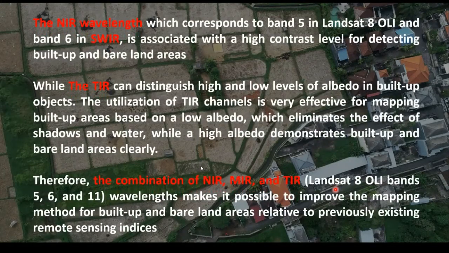The near infrared wavelength, which corresponds to band 5 as I mentioned before, and band 6, the short wave infrared, is associated with a high contrast level for detecting the built-up and barren area. So band 5 and band 6 are really good to detect the built-up and barren land areas, while the thermal infrared or band 11 can distinguish high and low levels of albedo in built-up objects.